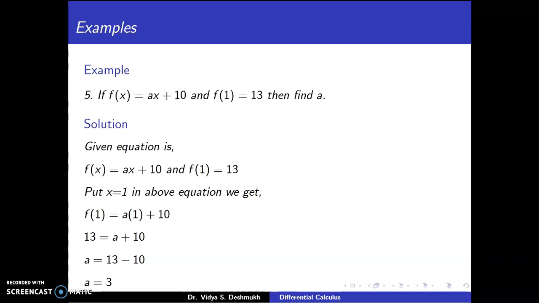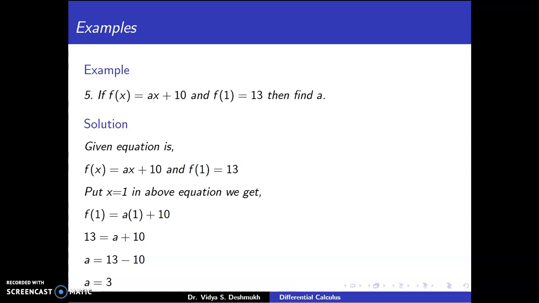13. Okay, so in the solution first of all we write down the given function. Okay, so f of x is equals to ax plus 10 and f of 1 is equals to 13. Okay, so for finding f of 1, first of all we put x is equals to 1 in the given equation.